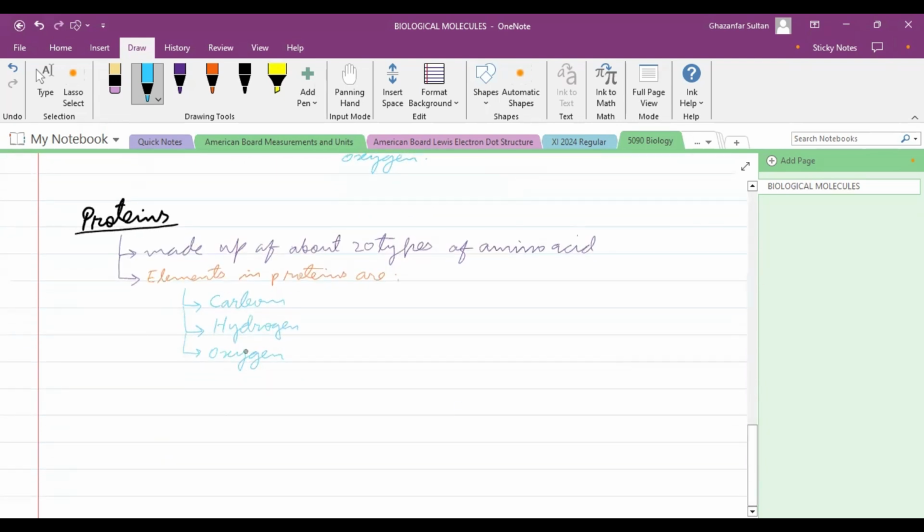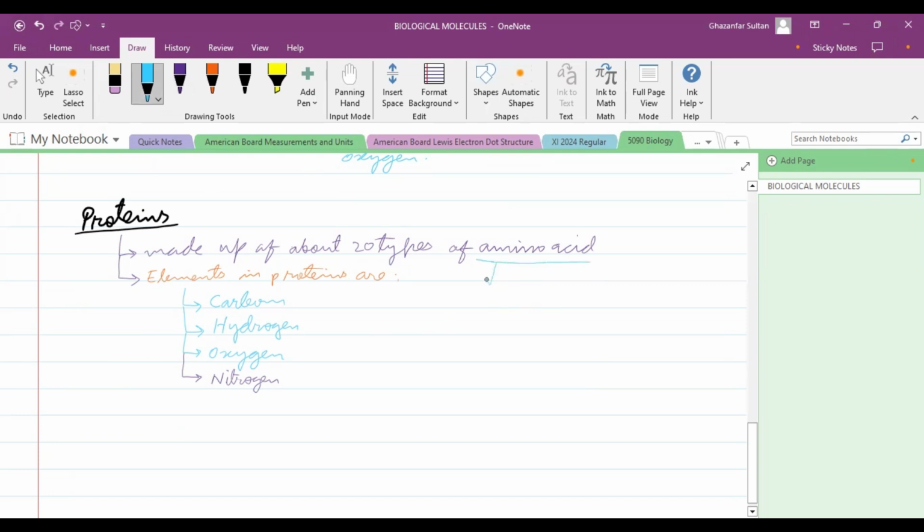So these three elements are also important here. But the fourth element is also essential for proteins, that is nitrogen. All the amino acids must contain at least one nitrogen atom.